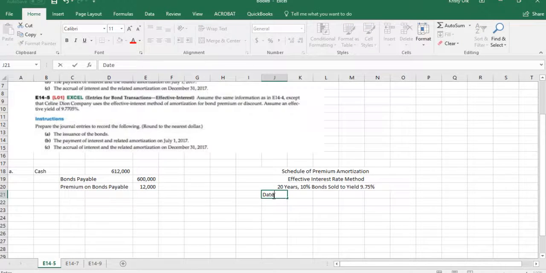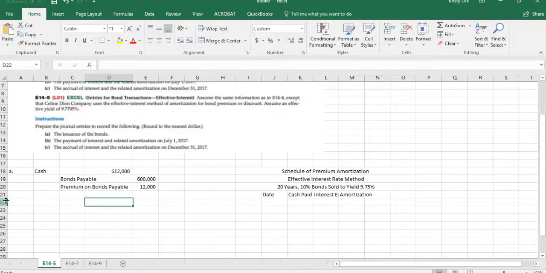So the first thing we have is date. Then we're going to have the amount of cash paid with each interest payment. We have the interest expense. We have the premium amortization. And let's just go ahead and make that a double. Make these bigger to begin with.